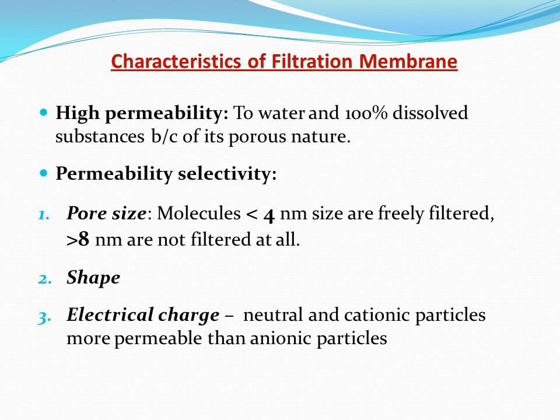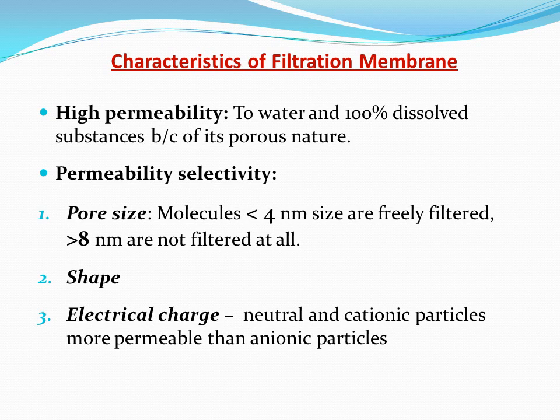Of which the most important is the pore size, the size of the molecules that have to be filtered. As I have told before, the endothelial cell layer has a pore size of around 50 to 90 nanometer, but because it is negatively charged, negative ions will repel.